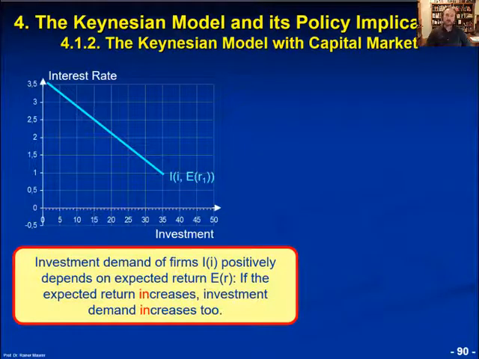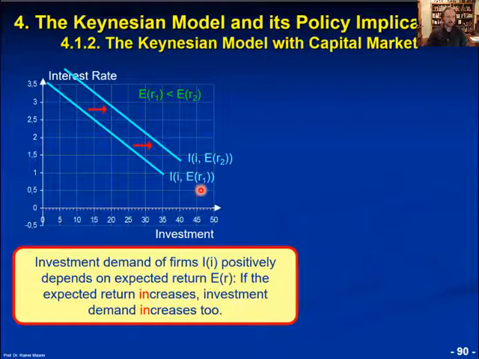According to the Keynesian assumption, the investment demand of firms depends positively on the expected return on investment. As a result, if the expected return increases, the investment credit demand curve shifts to the right or upwards.